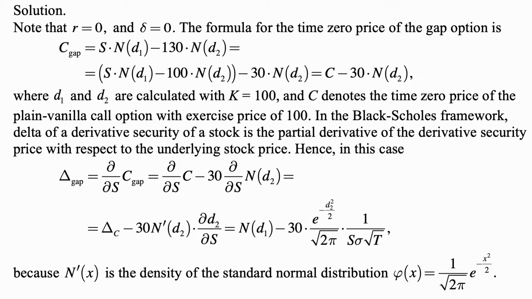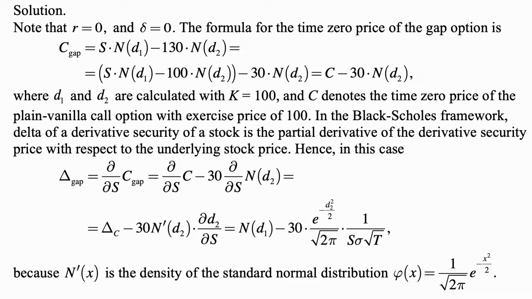And 130 can be written as 100 plus 30, so we split it into S times N of d1 minus 100 times N of d2 minus 30 times N of d2, which is C minus 30 times N of d2, where d1 and d2 are calculated with K equal to 100, using exercise price of 100, and C denotes the time zero price of the plain vanilla call option with exercise price of 100, and we basically refer to the standard Black-Scholes formula in this approach.